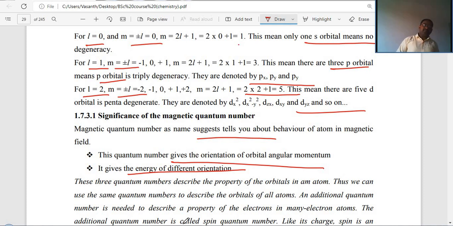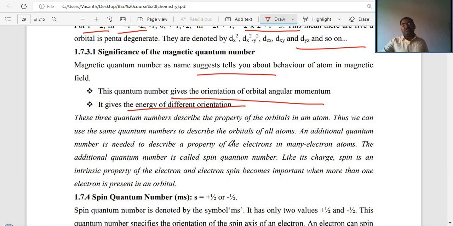These 3 quantum numbers describe the properties of the orbitals in an atom. Thus, we can use the same quantum numbers to describe the orbitals of an atom. An additional quantum number is needed to describe the property of the electron in many electron atoms.